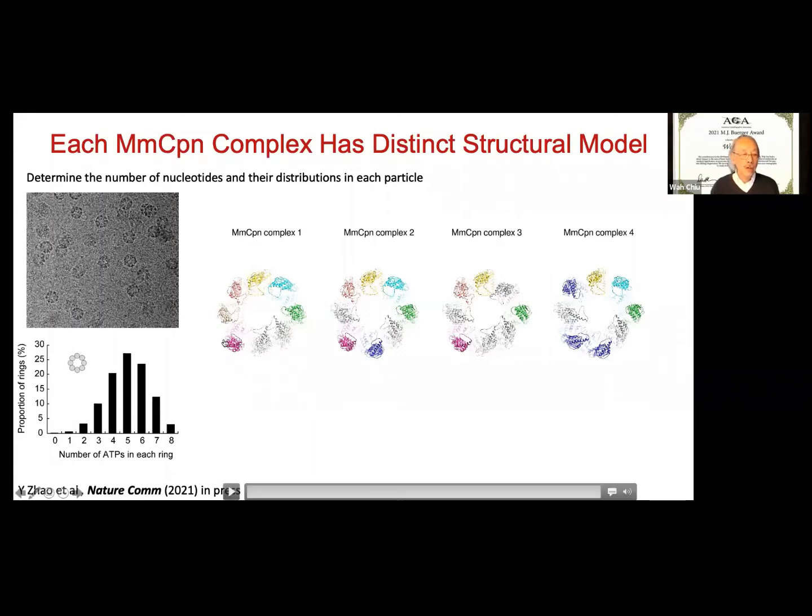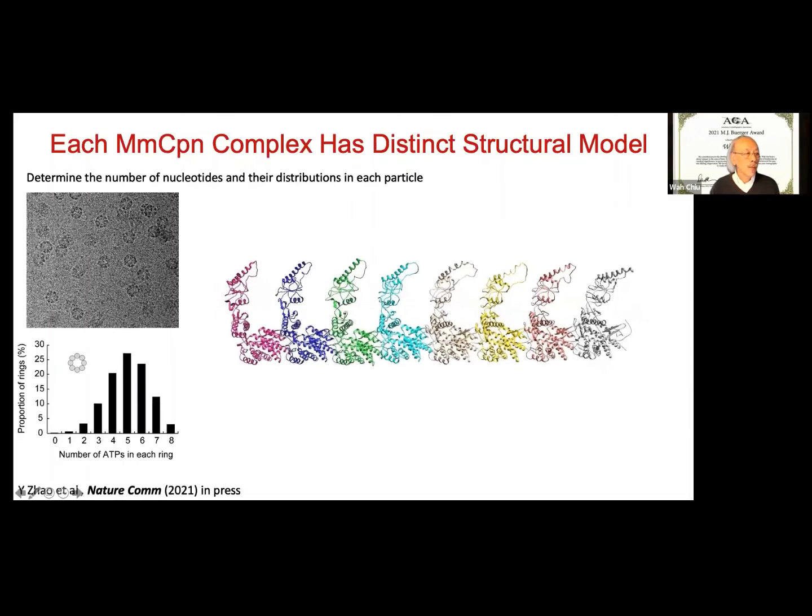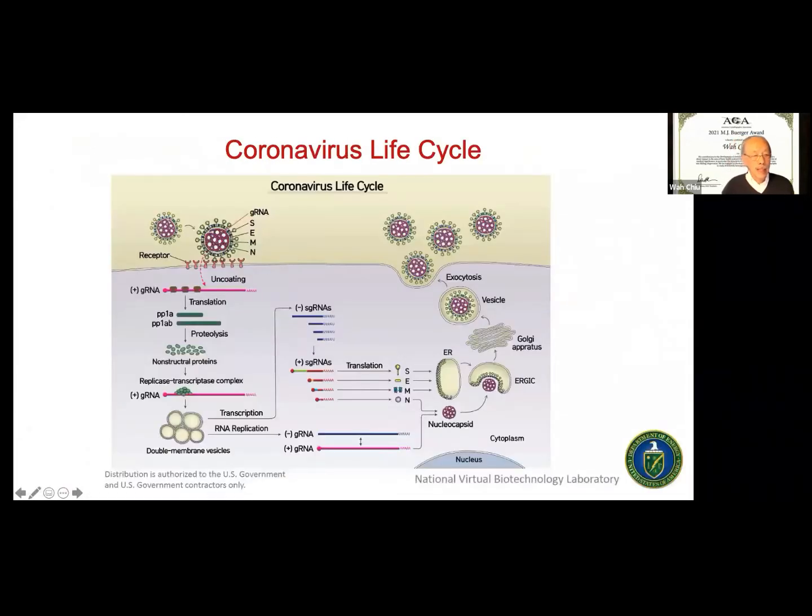As a result, we can build an atomic model for one particle at a time. And with that, it concludes my second example.